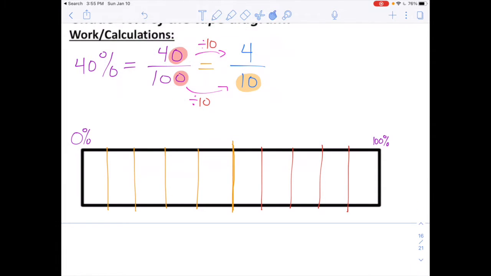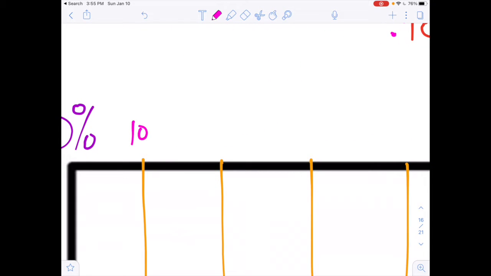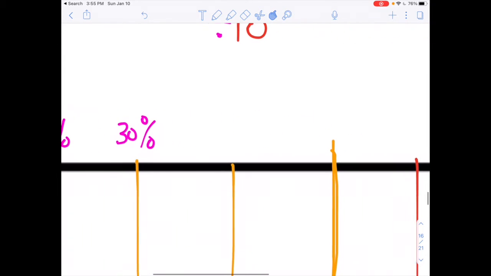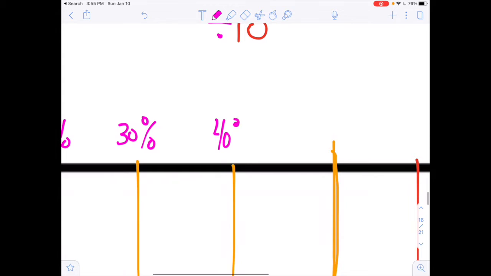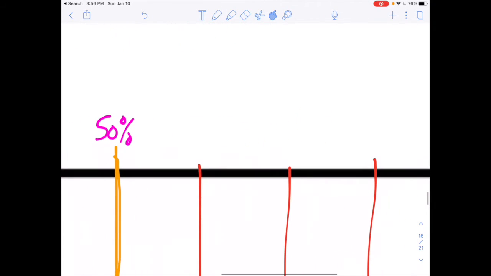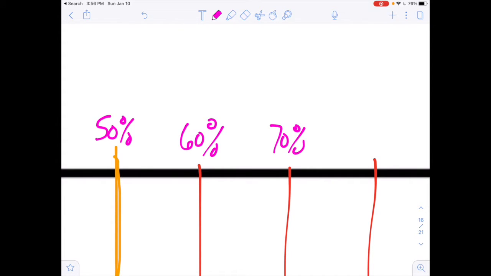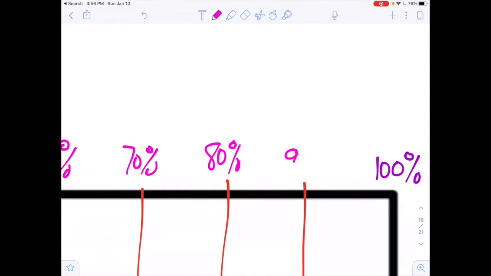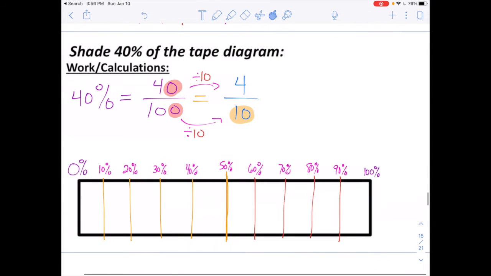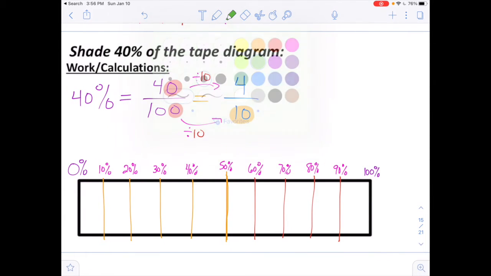Then I can zoom in and count by tens because that's what I counted by. 10, 20, 30, 40, 50%, halfway. See if we did this right. 60%, 70%, 80%, 90%, yep, there's 100%.